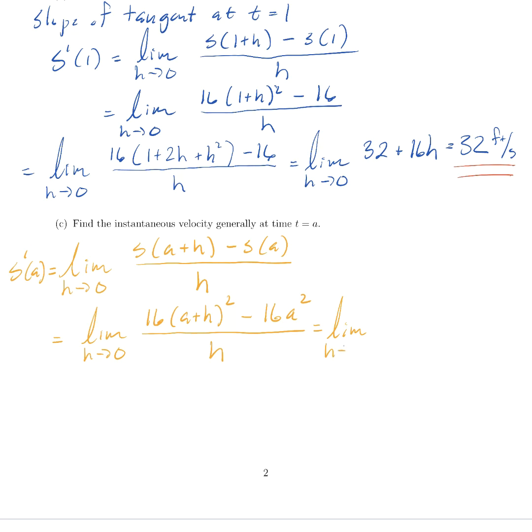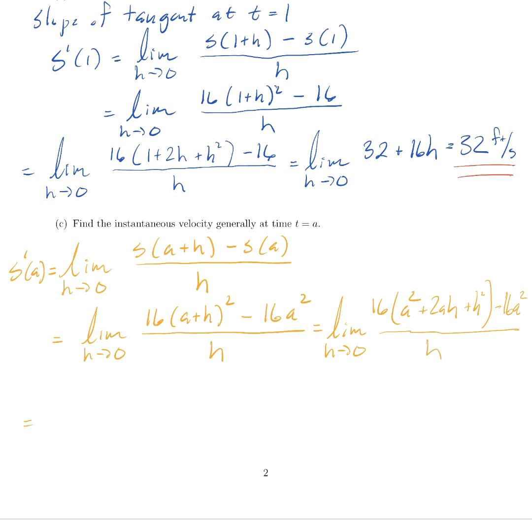This is the limit as h approaches 0 of 16 times. Multiply that out, we get an a squared, we get 2ah, and we get an h squared, running out of iPad real estate here, minus 16a squared, all divided by h.